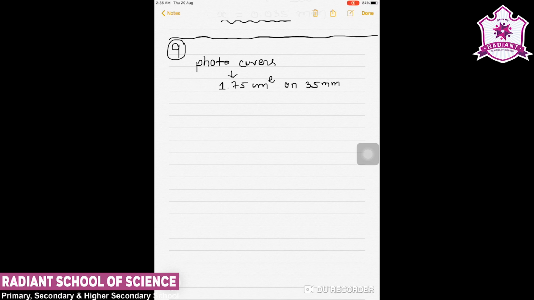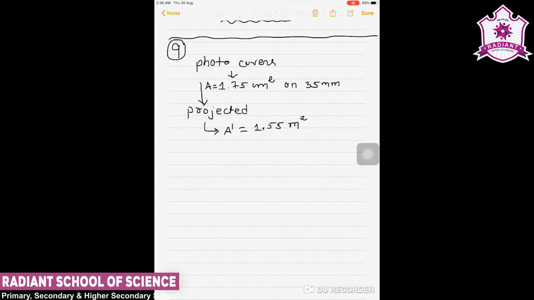The slide is projected on a screen, and the area of the house on the screen is 1.55 meter square. So when it is projected, the new area, say A dash, will be 1.55 meter square.